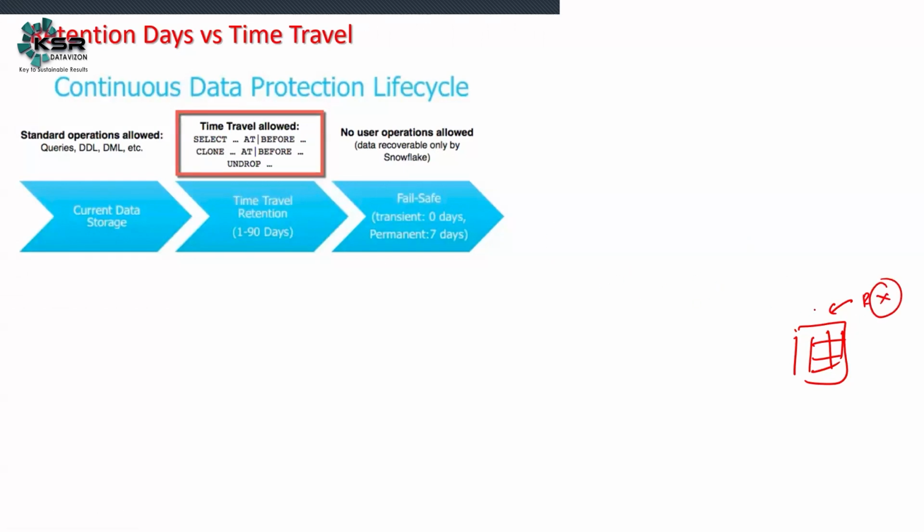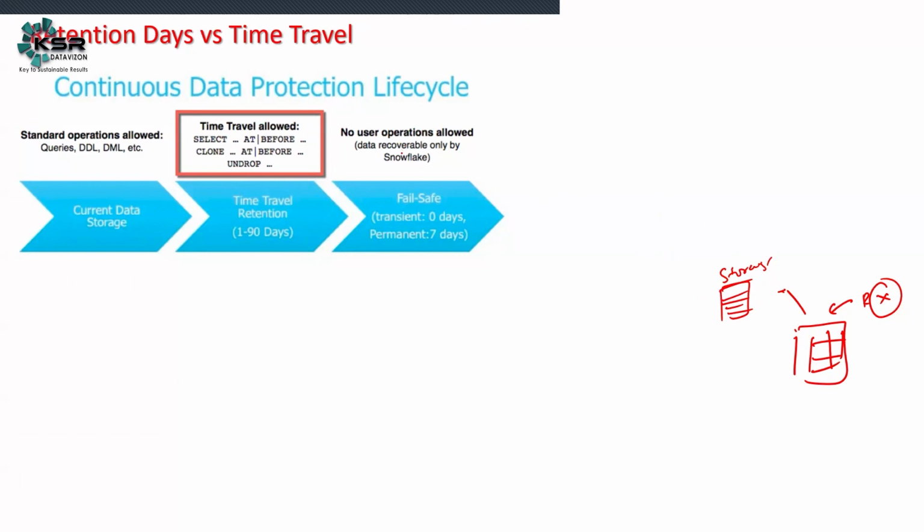Whenever you set a retention period on any object, Snowflake makes a physical copy of the historical data into the storage system and maintains it. How long Snowflake needs to keep this historical information in storage is defined by your retention period.